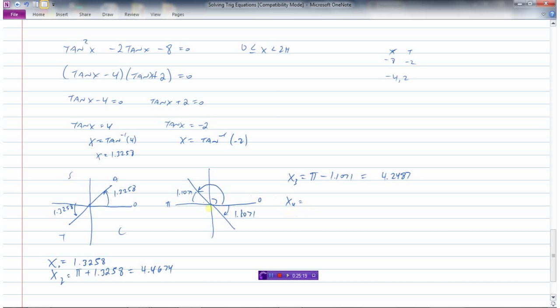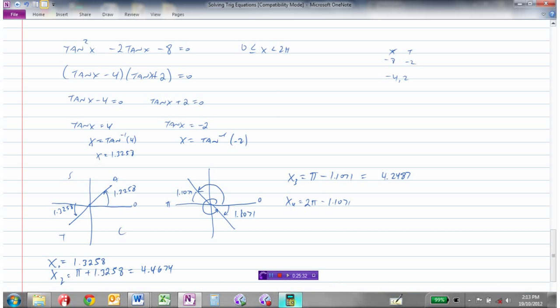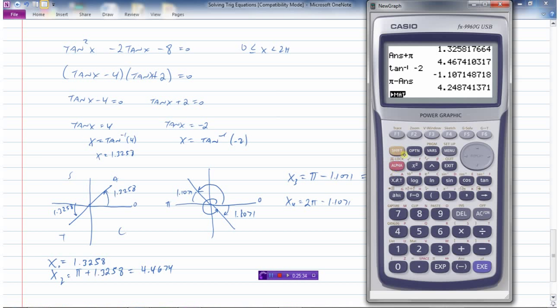And then our other answer is going to be this one, which we can go all the way around to 2 pi and minus that 1.1071. I'm just going to go the inverse tan again of minus 2 just to get that answer up there. And so now I can go 2 pi.